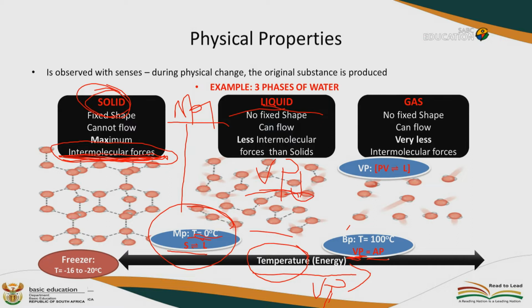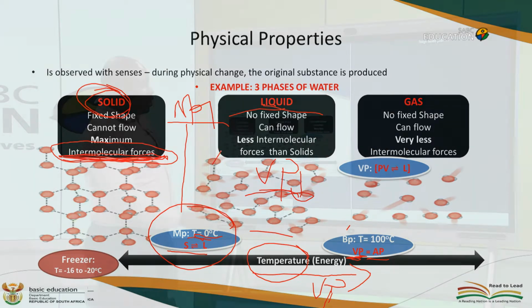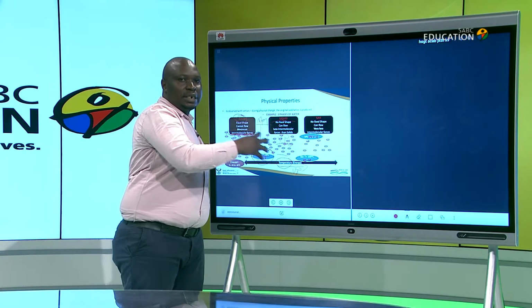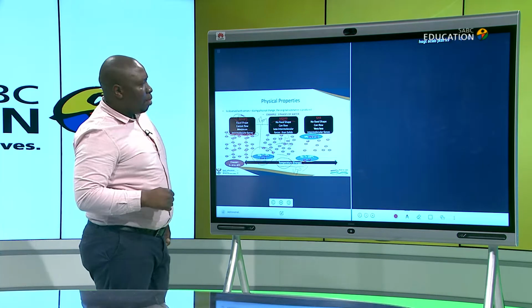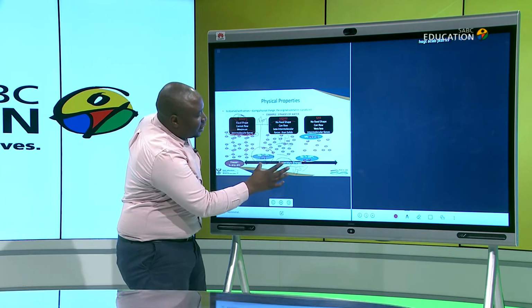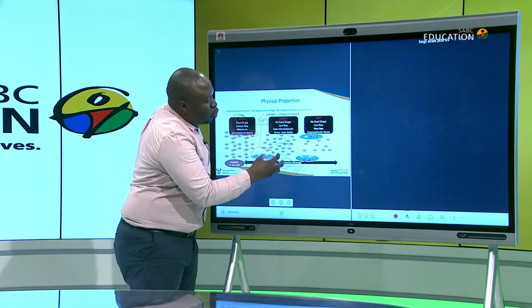So I've talked about two definitions. The first one is the melting point. We said at the melting point, the solid phase and the liquid phase are at equilibrium. But when you talk about the boiling point, we're saying the vapor pressure, which is the pressure inside the container of liquid, is equal to the atmospheric pressure, which is the pressure outside. Now, immediately when the water starts to boil, we can talk of vapor pressure.